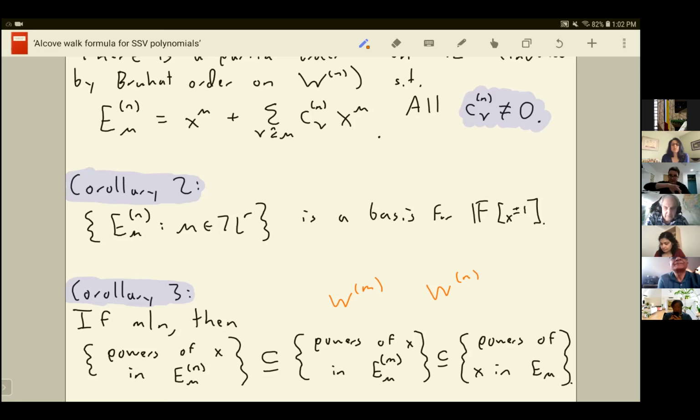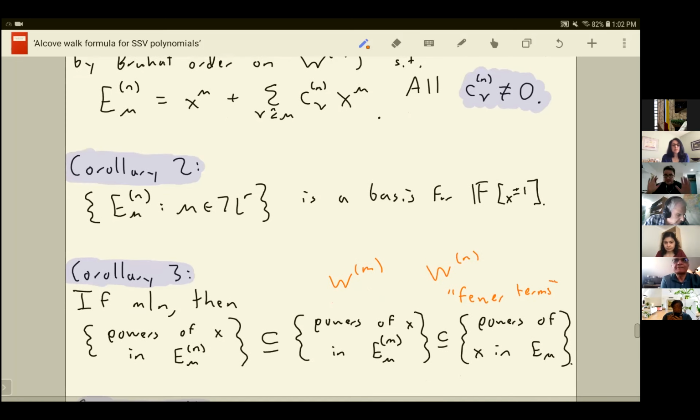And therefore, those are contained in E mu 1, which is the Macdonald polynomial. So we sort of think of SSV polynomials as having fewer terms than the corresponding Macdonald polynomials. And it's not clear to me how you would actually prove this without the alcove walk formula, although when you calculate examples, you can sort of see it.